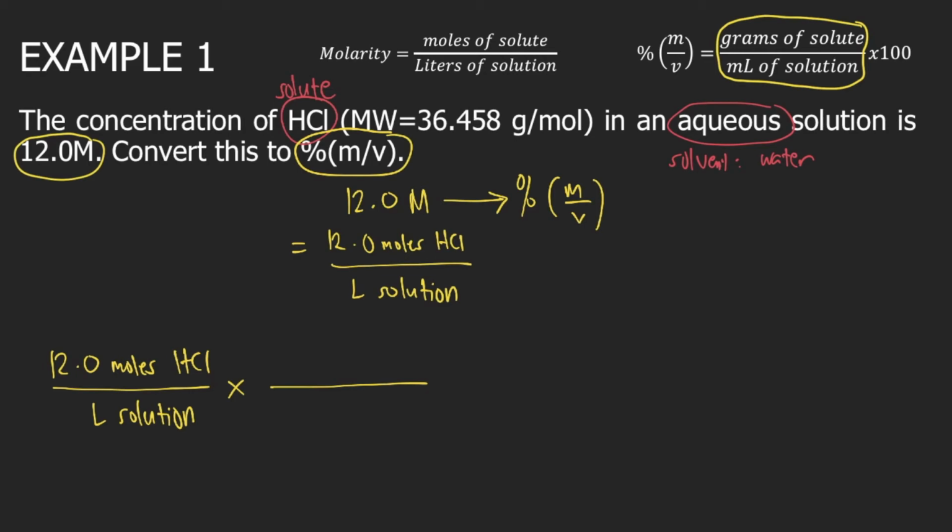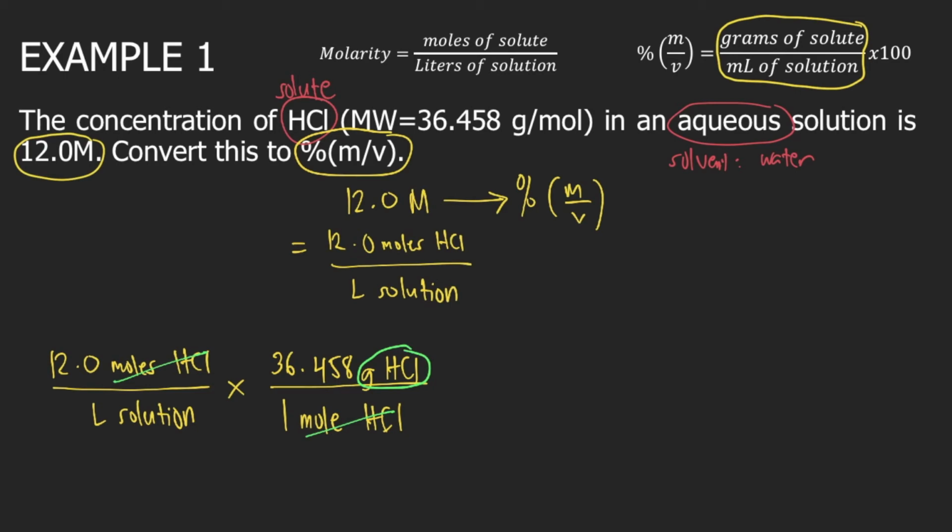So first, we need to convert moles to grams. So we are given the molar mass of HCl. 1 mole of HCl is equivalent to 36.458 grams of HCl. So moles will cancel, and the unit on top becomes grams of the solute.